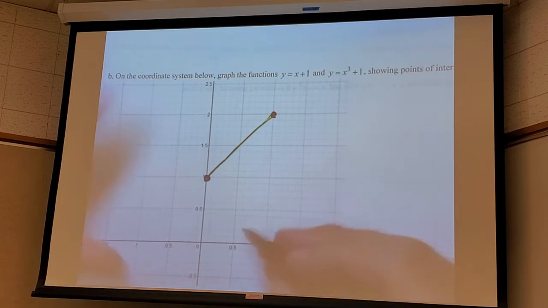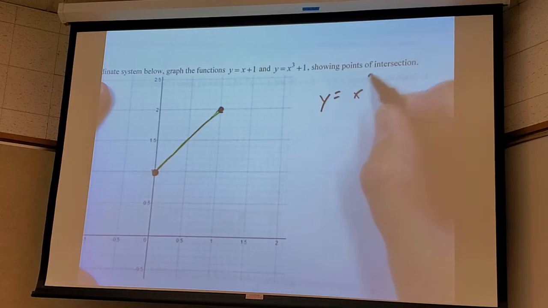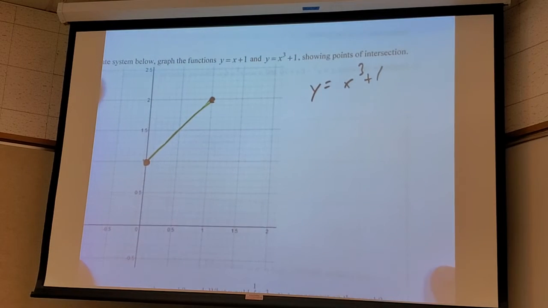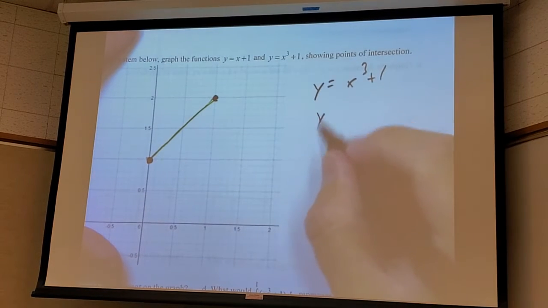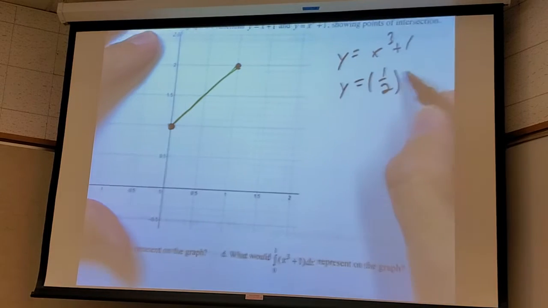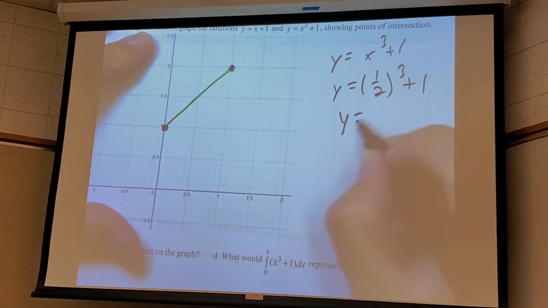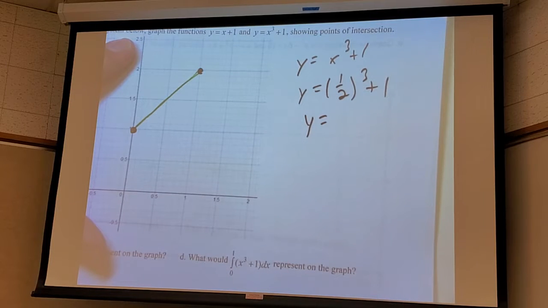Now, when I put a 0.5 into x cubed plus 1, because I know it's not going to be a straight line, it's going to be curved. You probably should know that it's going to be kind of concave up. Well, I don't really need to know that, because if I plug a 1/2 in, what is 1/2 cubed? 1/8.